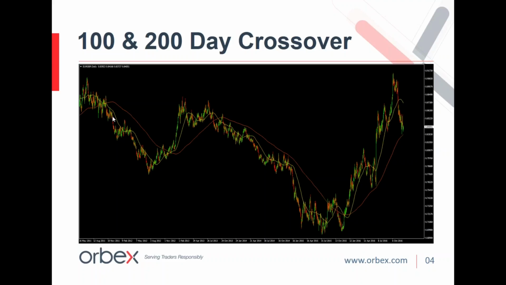We could then wait to use whatever technical setup it is which we typically rely on. So for example, let's say you're a trader that uses Fibonacci retracements. Well, once you've seen price break lower and that moving average has crossed below, and you know that we're expecting a bearish market, you could then wait for retracements into key Fibonacci levels before setting shorts.